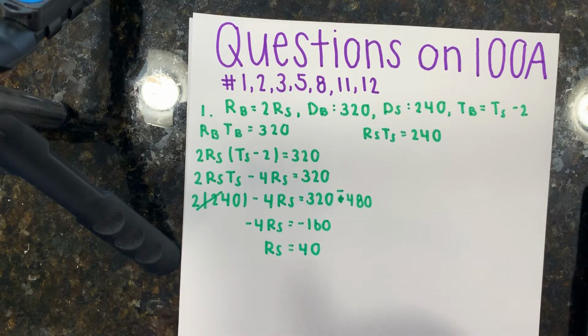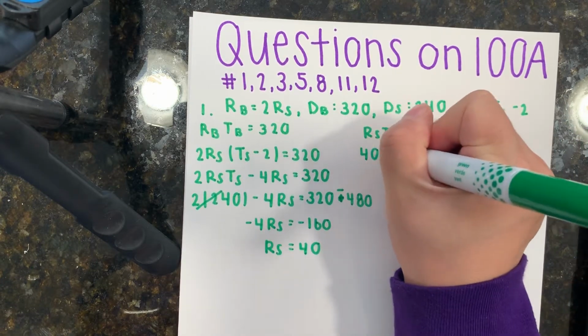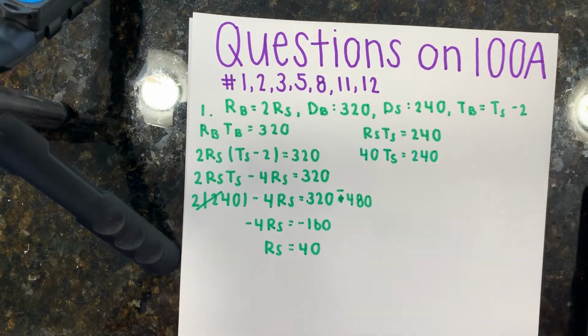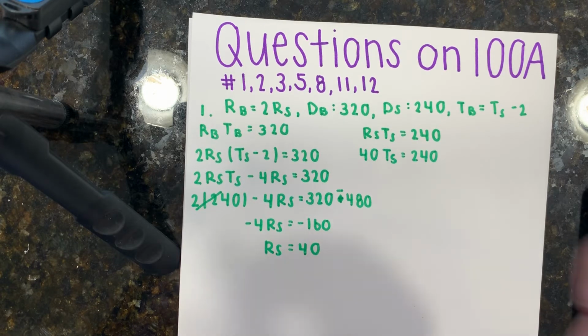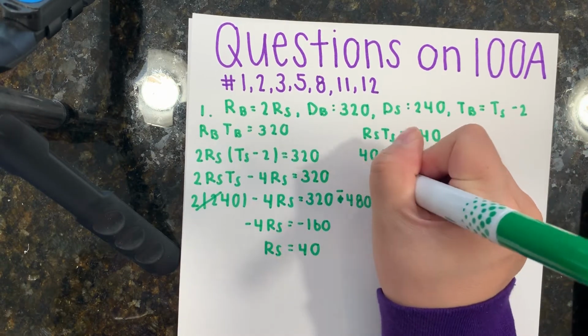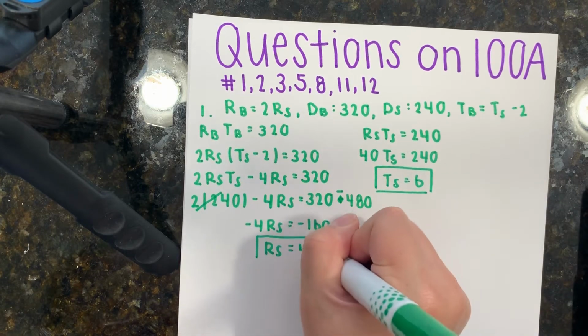Once I know what RS is equal to, I can plug it into this equation over here, which would be 40 TS equals 240. So 240 divided by 40 is equal to 6. So TS is equal to 6. So I have TS, I have RS.